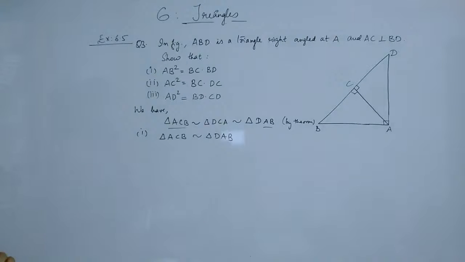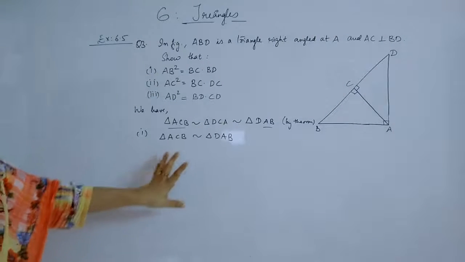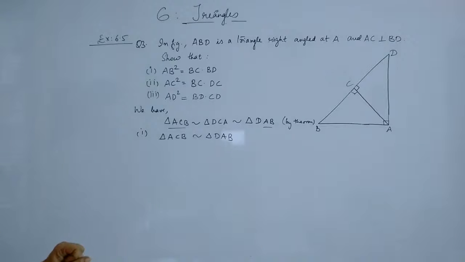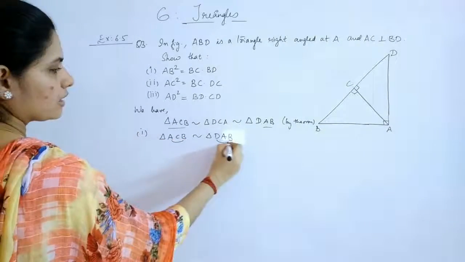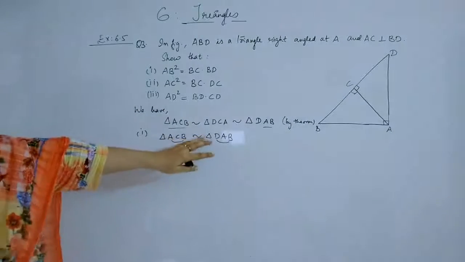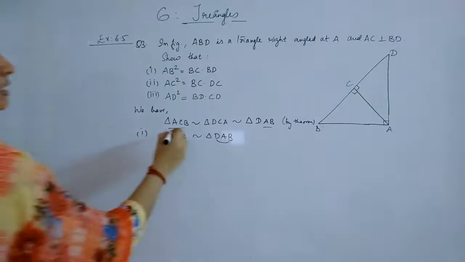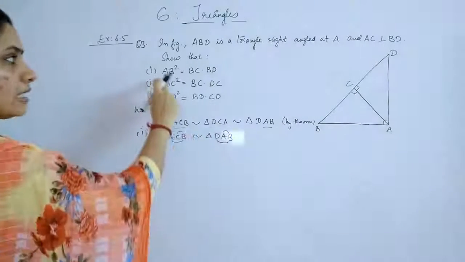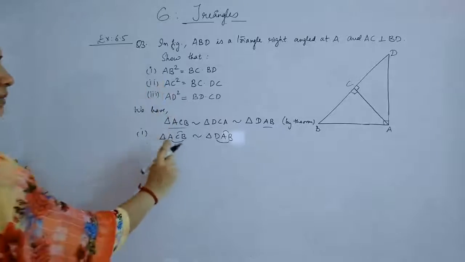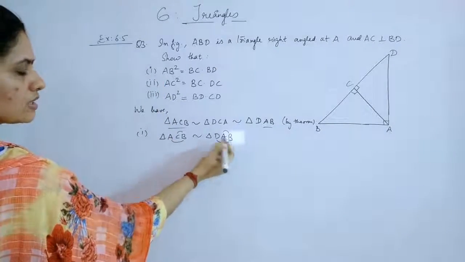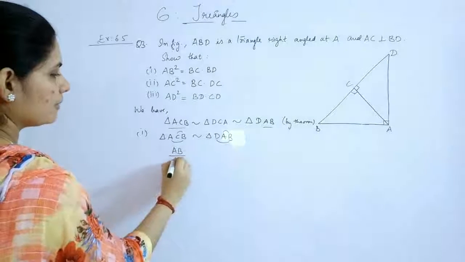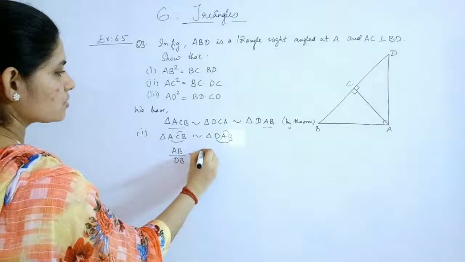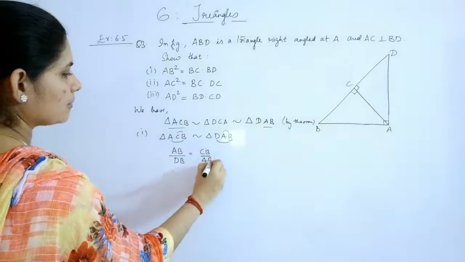Okay, now since they are similar, we take the sides to be proportional. So if I am taking AB, I have to take DB with that, and if I am taking CB, I have to take AB. Again, I need to get two times that AB, that's why we are including this. So you will get AB by DB is equal to CB by AB.